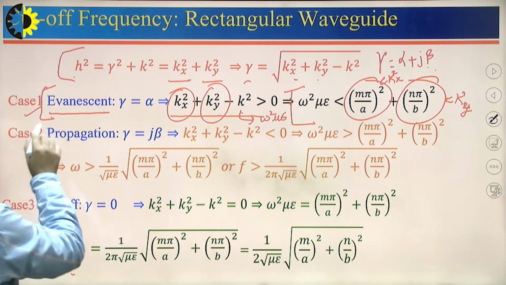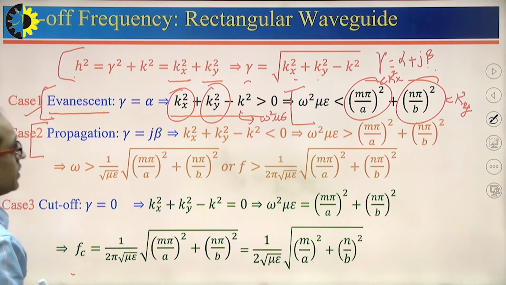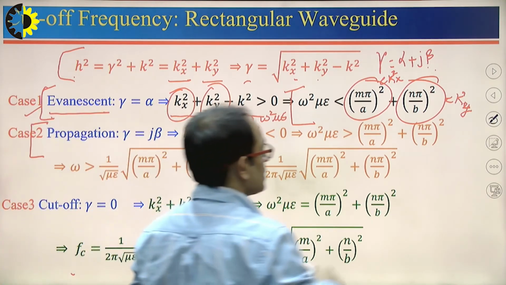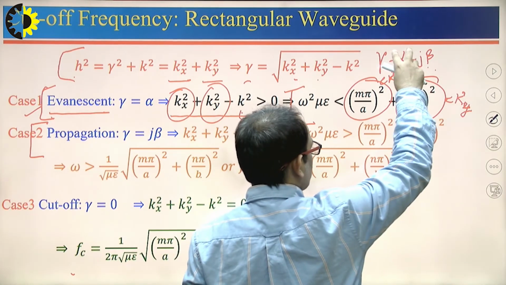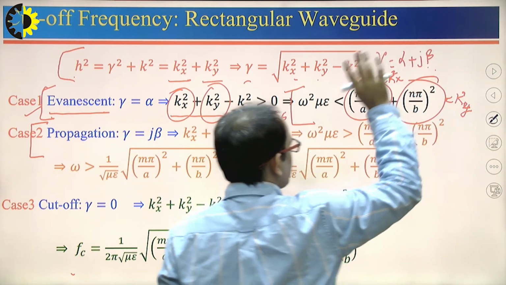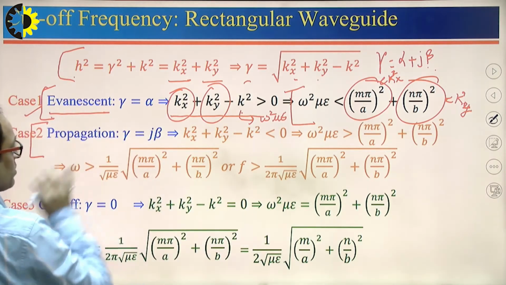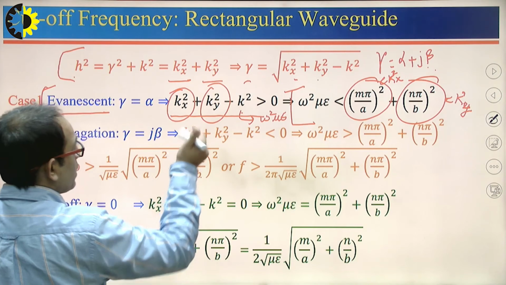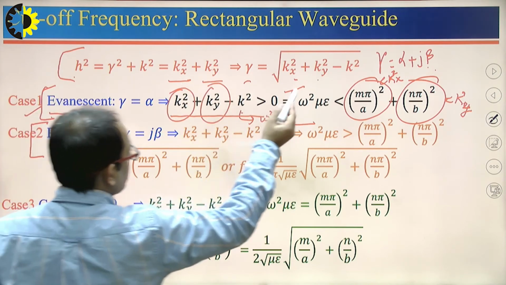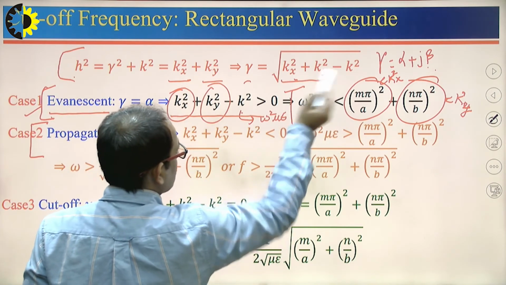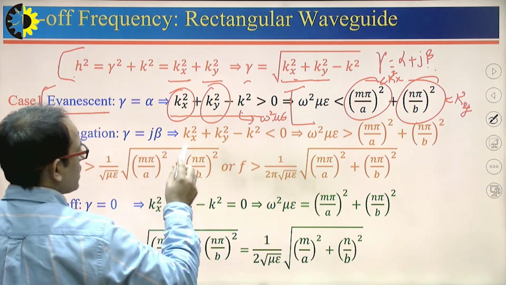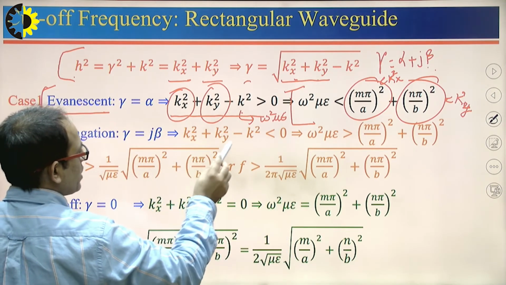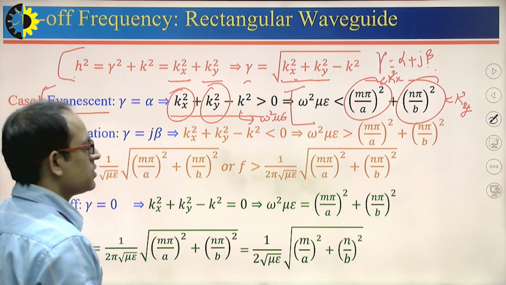Now, when propagation exists, alpha equals 0 and only j beta will be there, meaning gamma comes out to be j beta. When gamma equals j beta, kx square plus ky square should be less than k square, or kx square plus ky square minus k square should be less than 0.